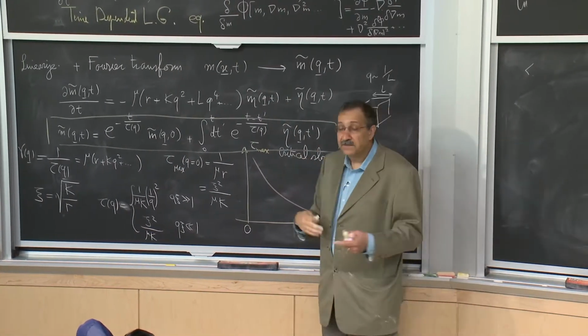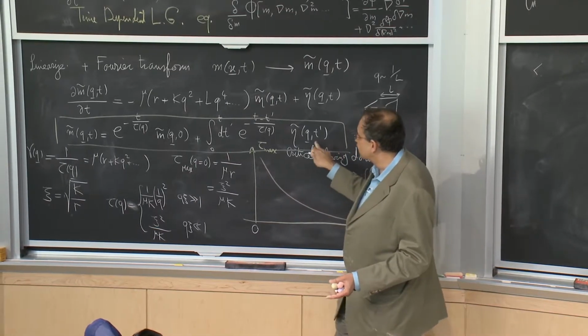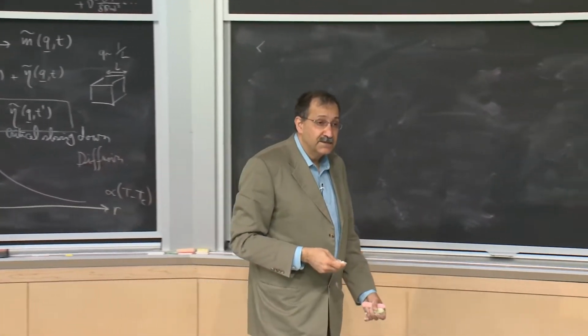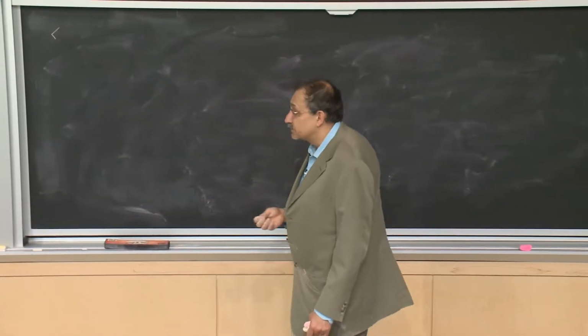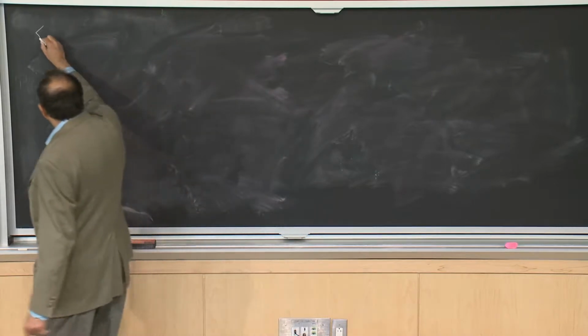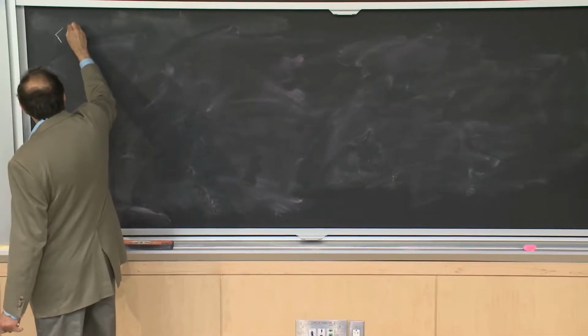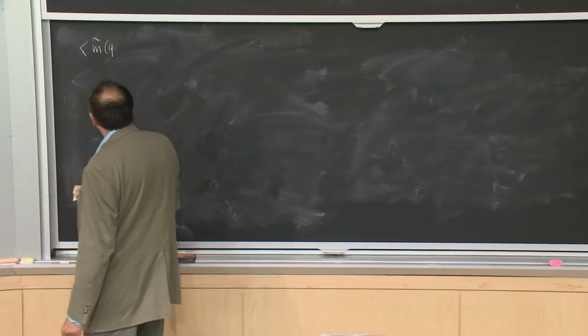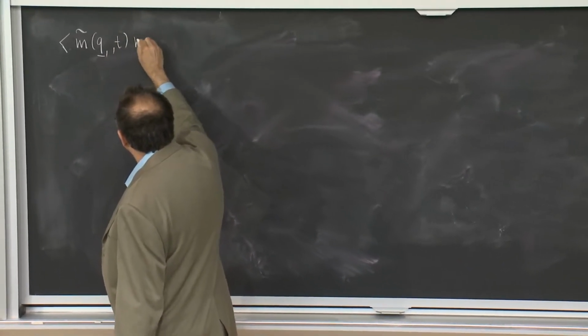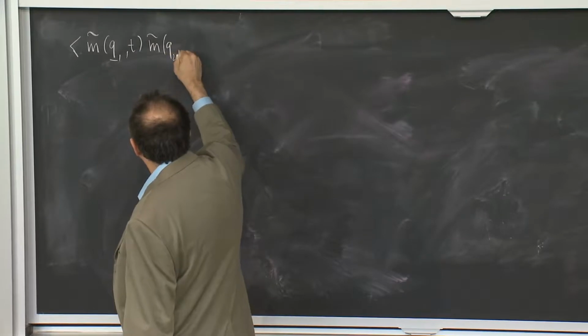Or if I had run many versions of the system, this quantity m tilde would be different. It would satisfy some kind of a probability distribution. So what I want to do is to calculate averages, such as the average of m tilde q1 at time t with m tilde q2 at time t.